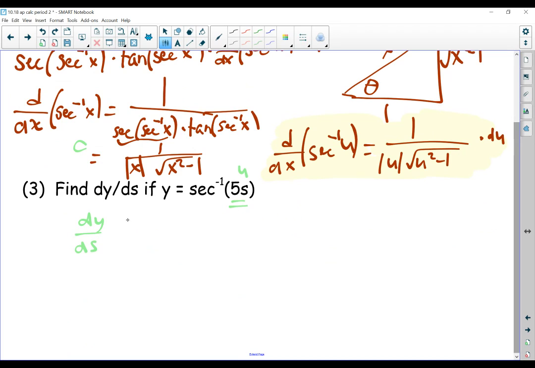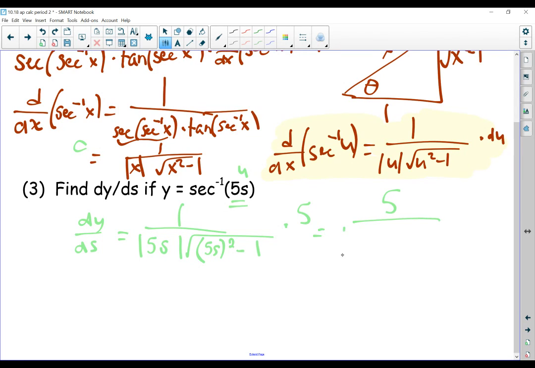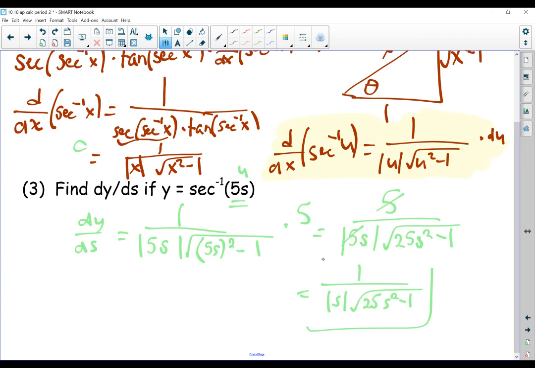So if I'm using my chain rule form, it's going to be 1 over the absolute value of u times the square root of u squared minus 1, all times du. So that gives me 5 over the absolute value of 5s, times the square root of 25s squared minus 1. Now, can you cancel out these 5s? Yes. But you need to keep that s in the absolute value. And there's your derivative.